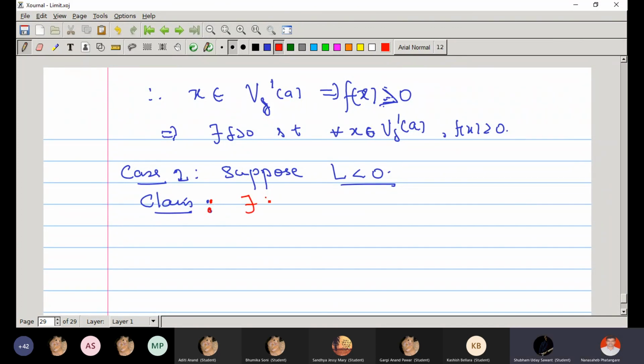There exists a delta for which f of x is negative. So for all x in V delta dash A, f of x is negative. You work out this remaining part. It is similar to this. Can you do this? Yes, sir.